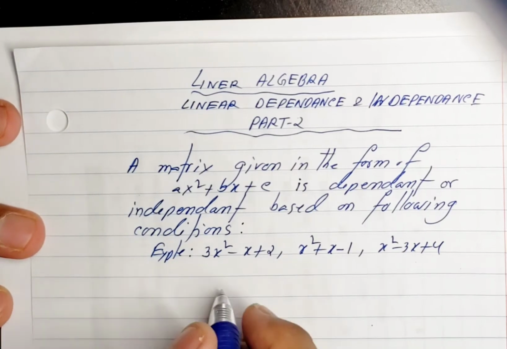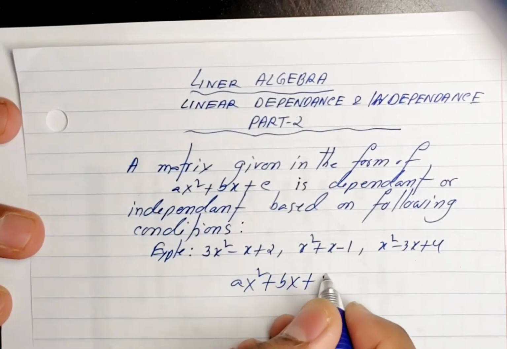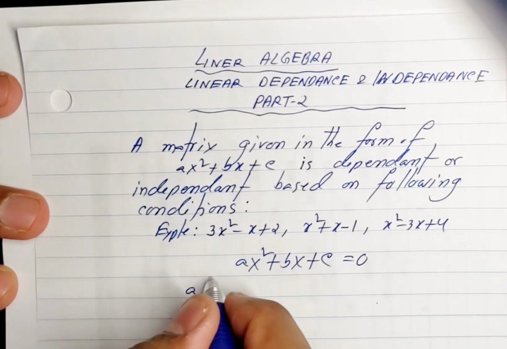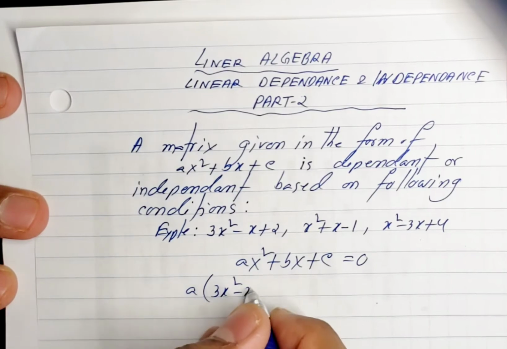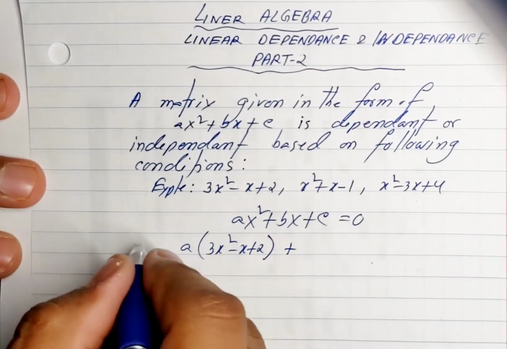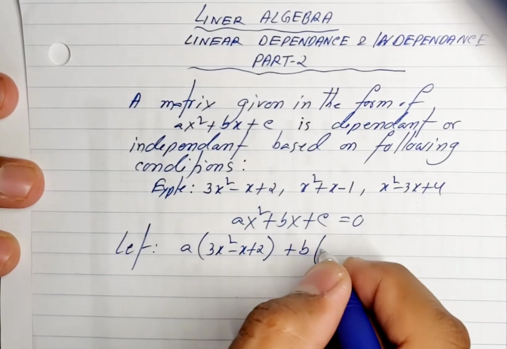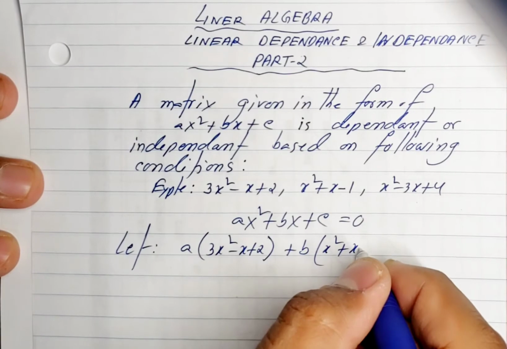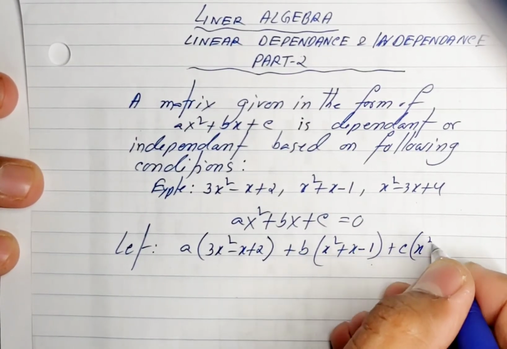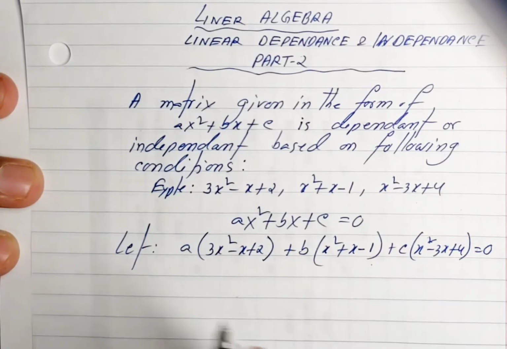What you need to do is form this into a times the first polynomial, equation 1, plus b times the second, equation 2, and c times the third, equation 3, equals 0.